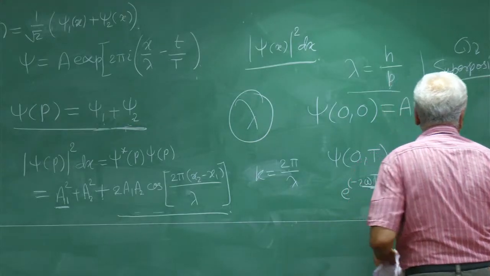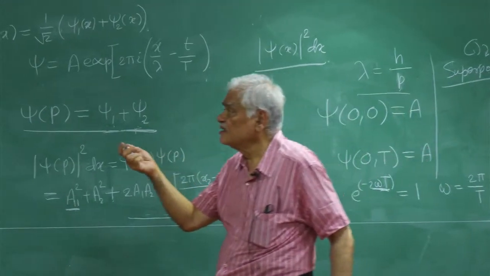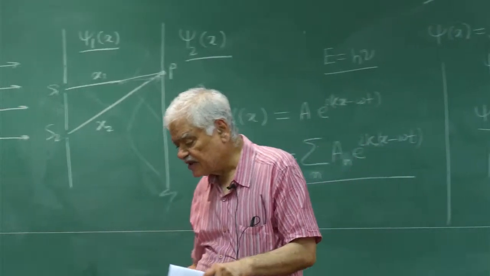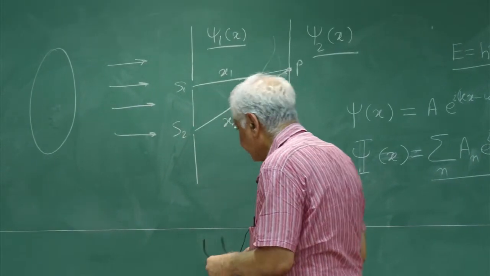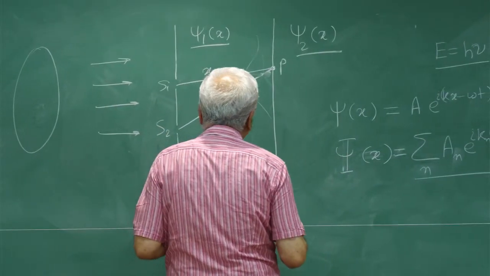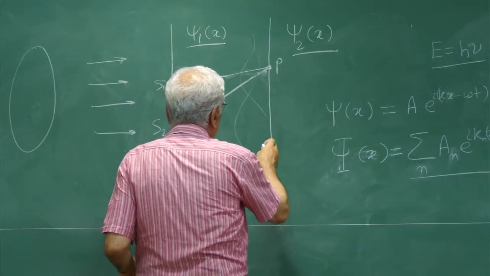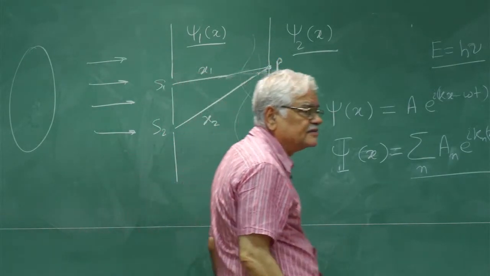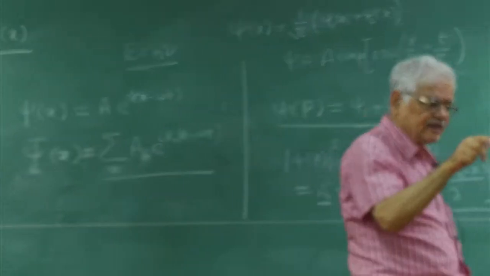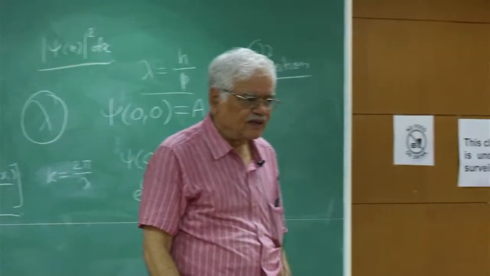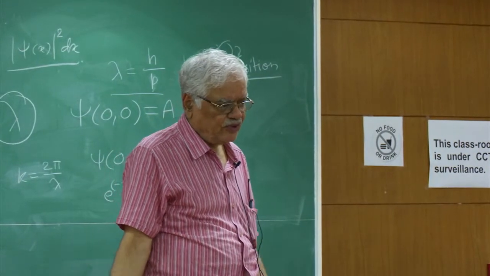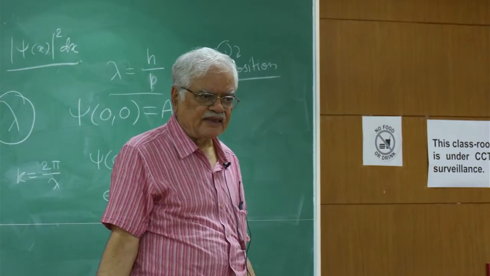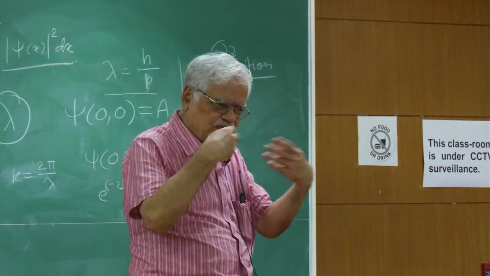I'll give you this example to show why it is so drastically different. Suppose this P is at the center of a dark band. That means the probability of an electron getting there is zero, or negligible.